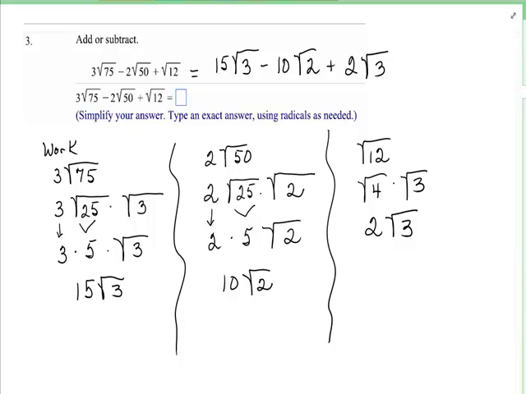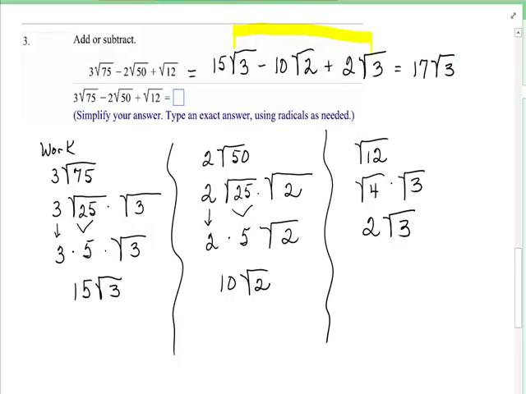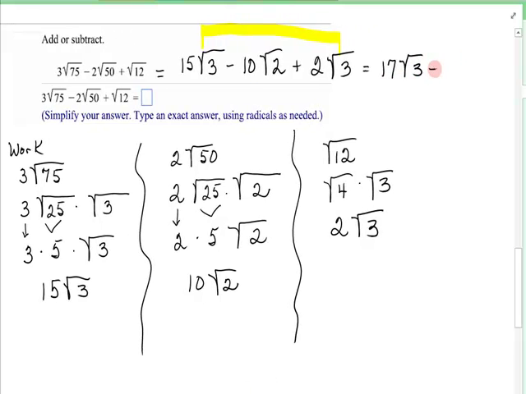Only these two are like radicals. So 15 square roots of 3 plus 2 gives me 17 times the square root of 3. The other term is not like it, but I do just have to write it down. Minus 10 times the square root of 2.